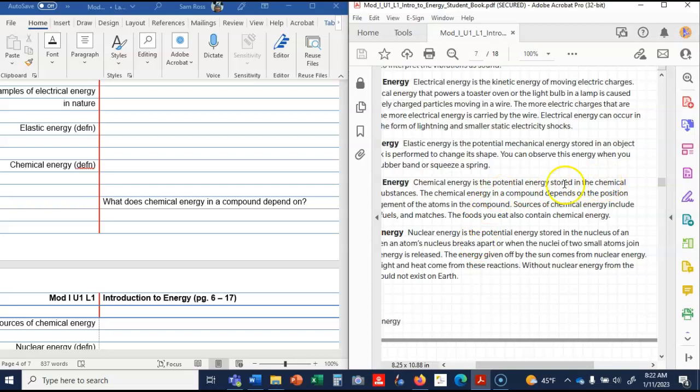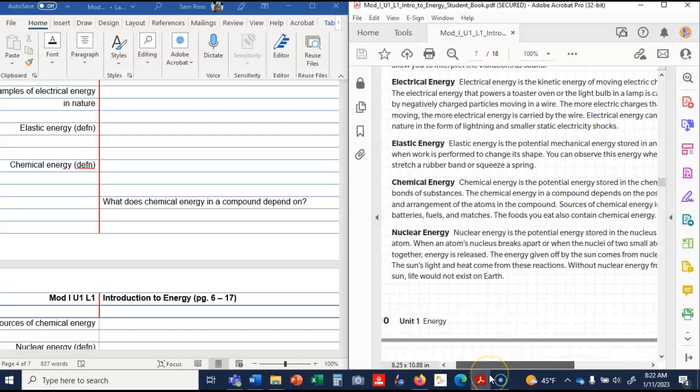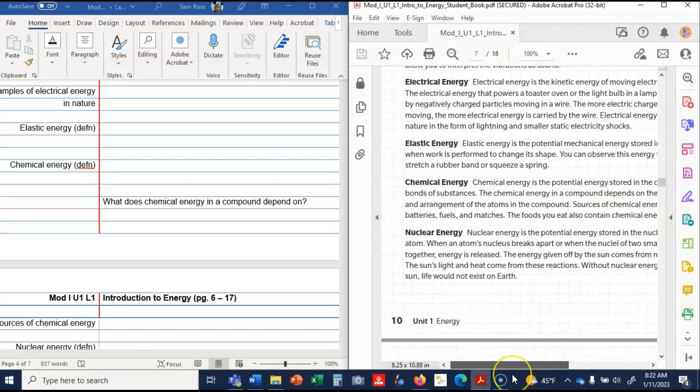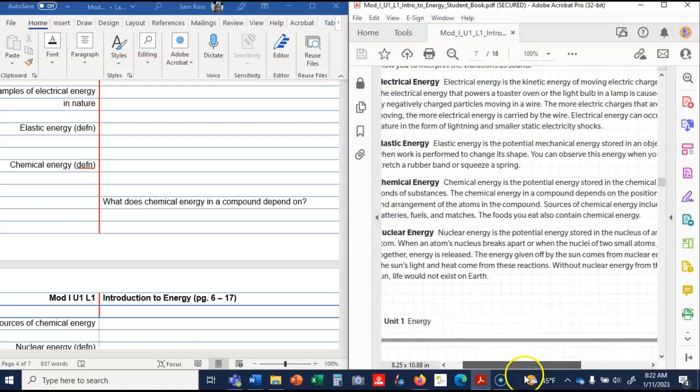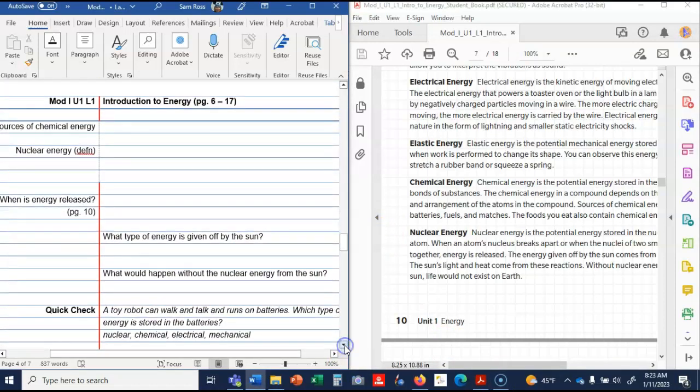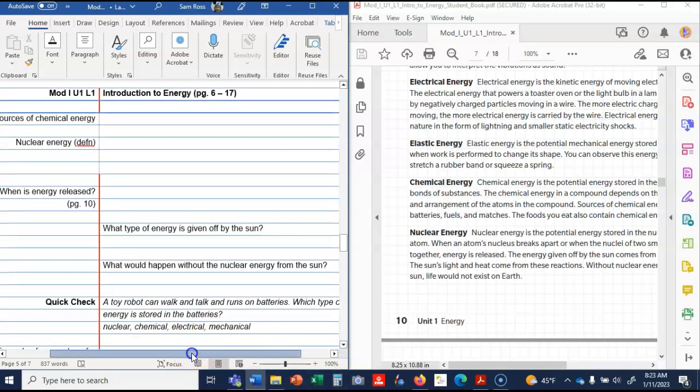And then the next question: what does chemical energy in a compound depend on? It's the next sentence. The chemical energy in a compound depends on the position and arrangement of the atoms in the compound. So get that down and we'll continue. You can pause this video if you need to.